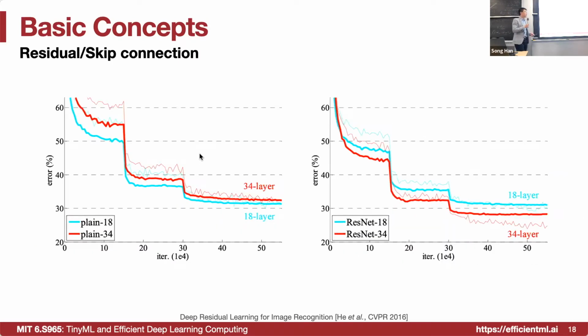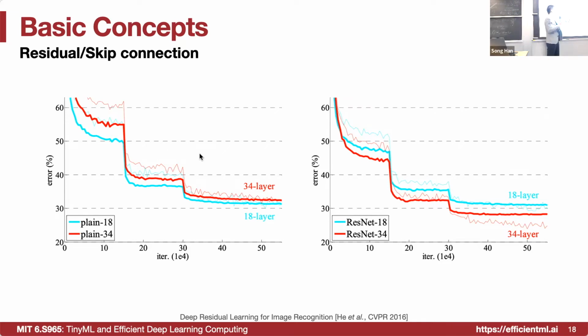So this is showing before and after adding this residual and skip connection. What happens to the error rate? Okay? So we want to switch from an 18-layer network to a 34-layer network. We want to increase the capacity, hopefully to get a lower error rate.